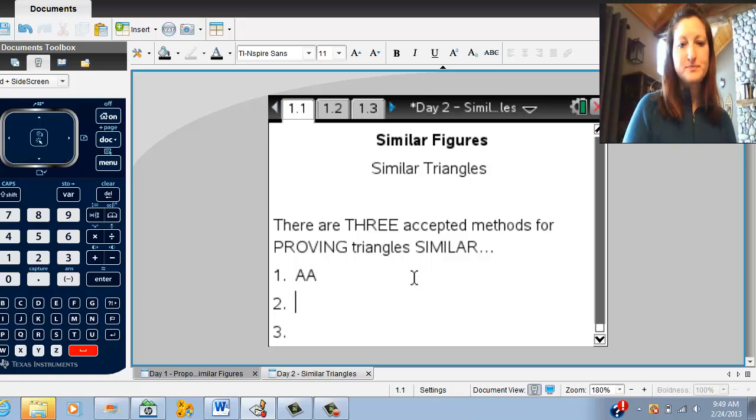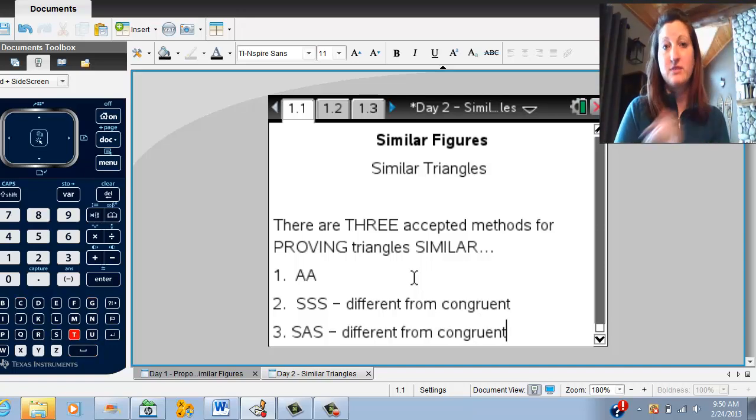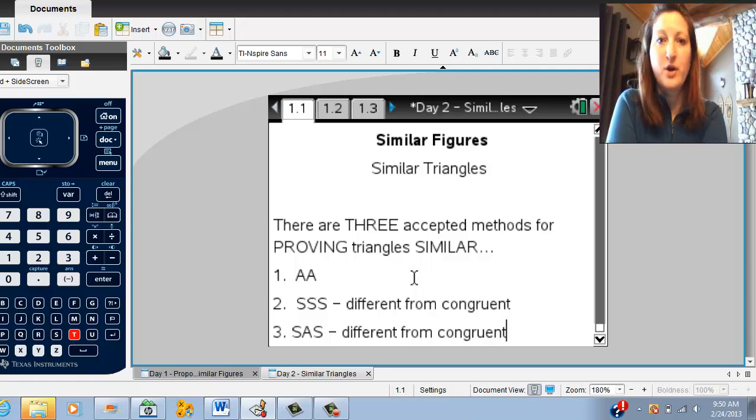We also can show side-side-side and side-angle-side, but these are completely different from congruent triangles. Yesterday in the notes, we said that when you are looking at similar triangles, the sides have to be in proportion.